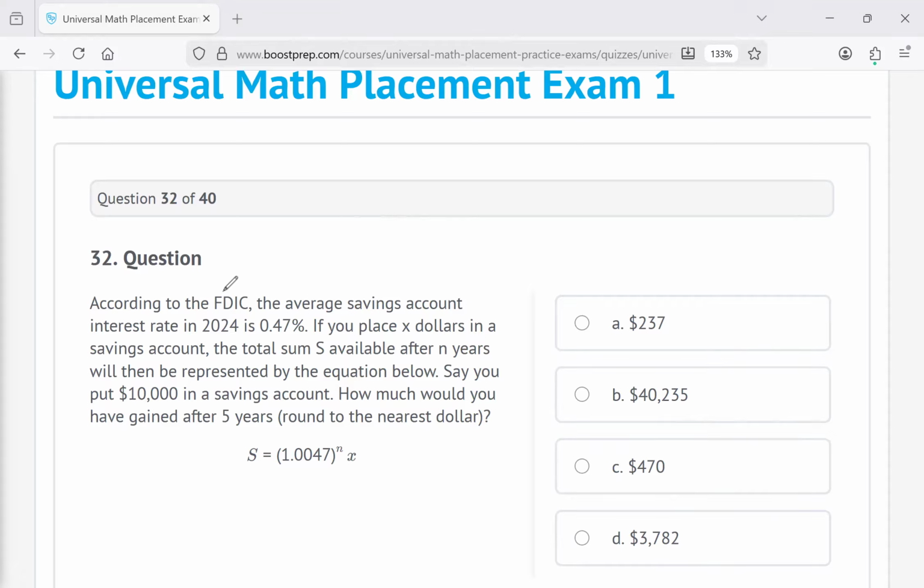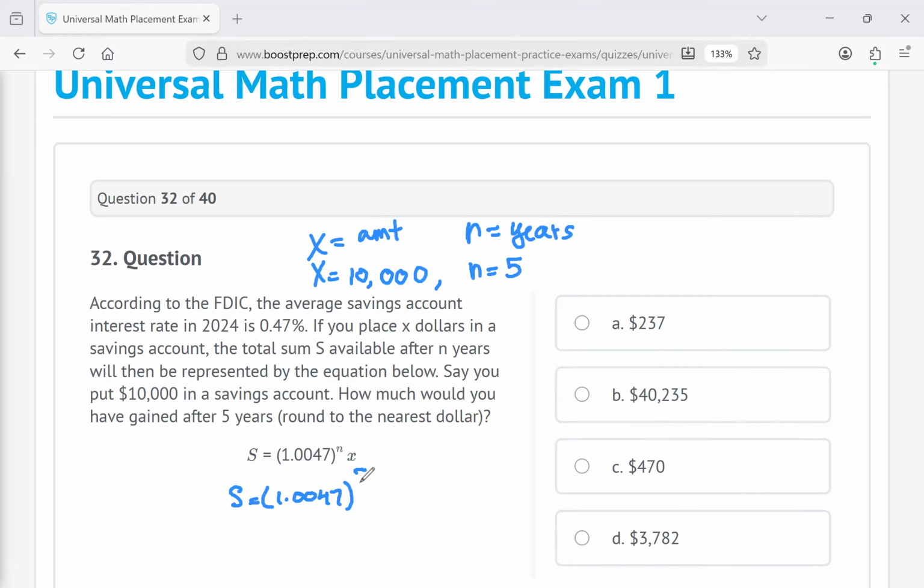So what you have to do is label our variables. What is N? N is your years, and I believe X would be your amount. So I think our X is going to be 10,000, and then our N is 5. So put that into that equation.